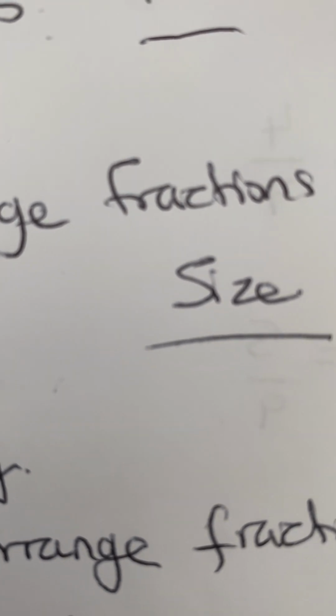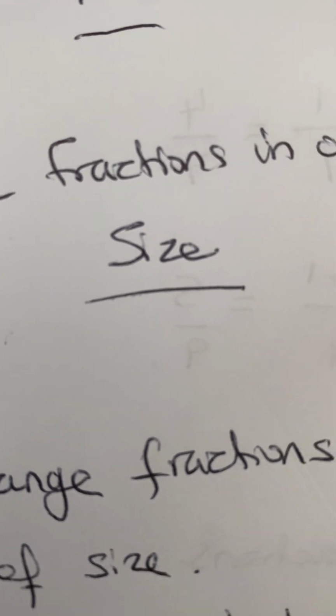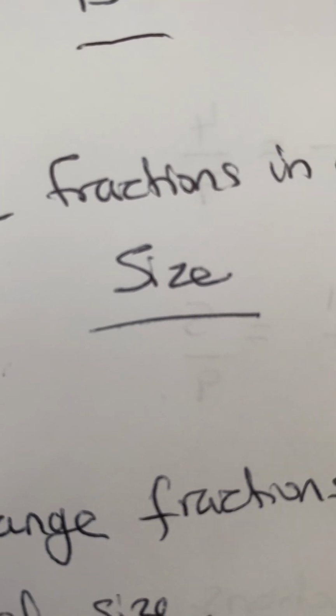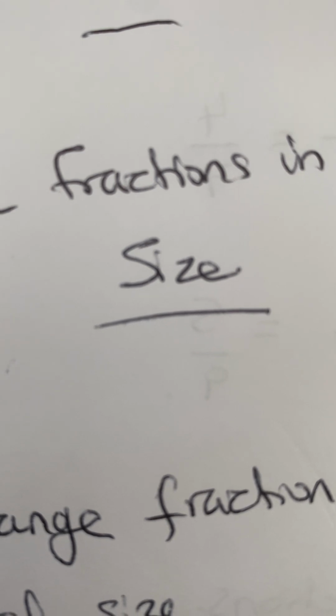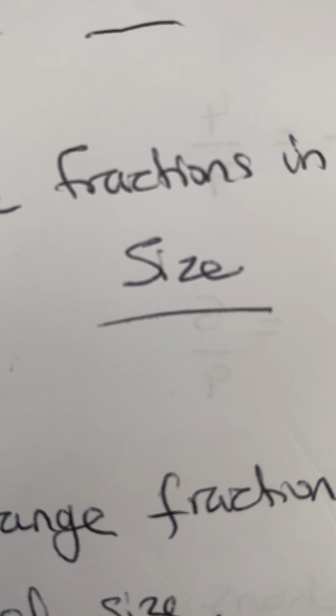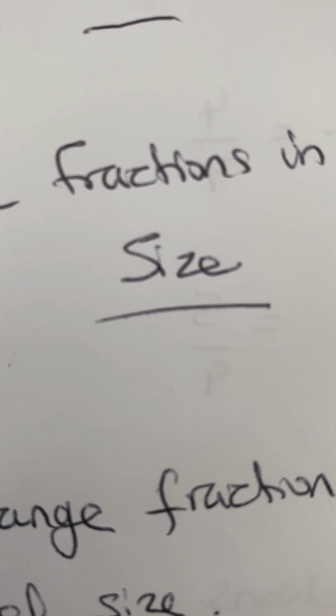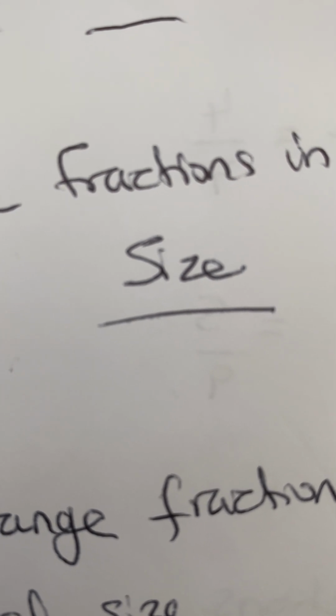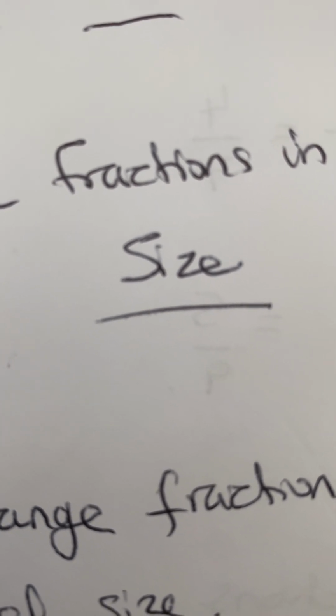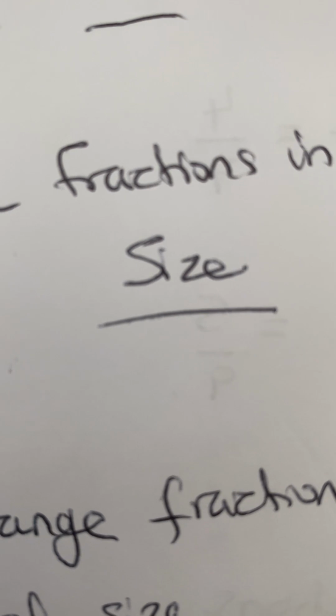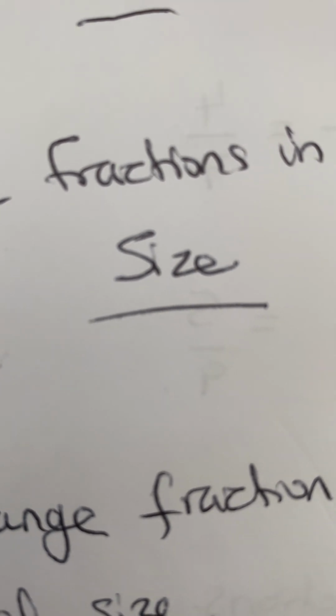You know 1/4 is the lowest and 4 over 4 is the highest, because the numerator 1 is a lower value and is less than 4.